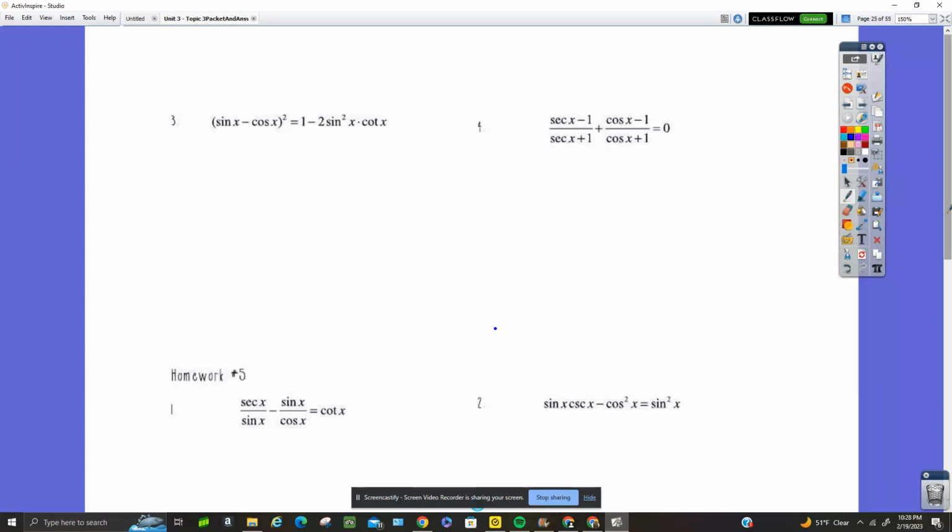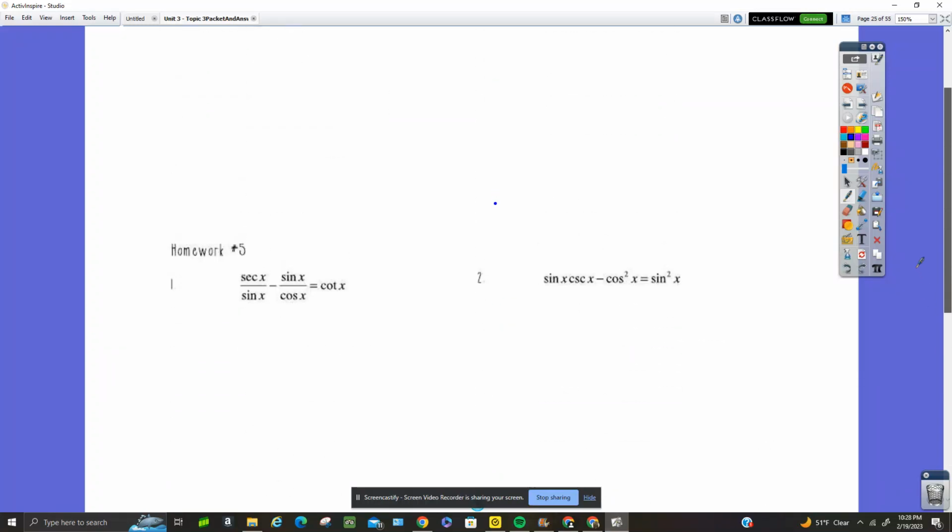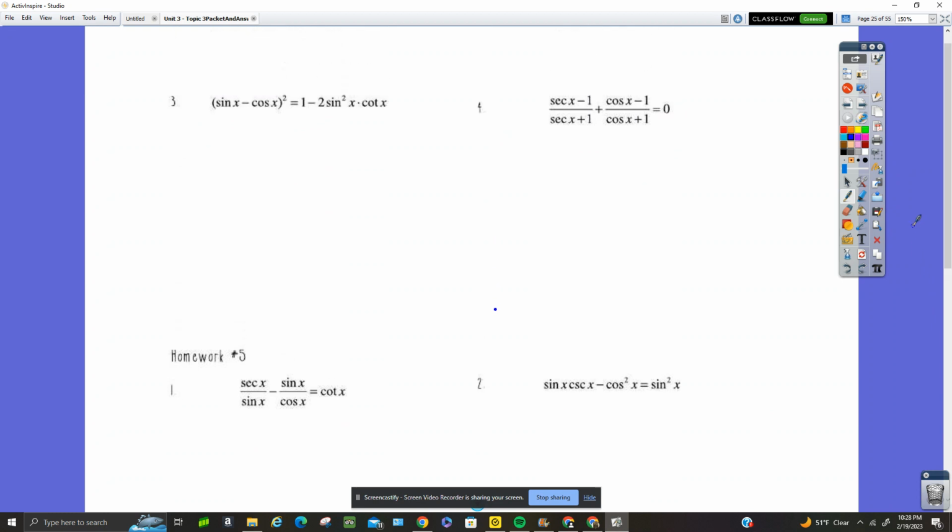All right, this is page 11 in the packet, the yellow packet.